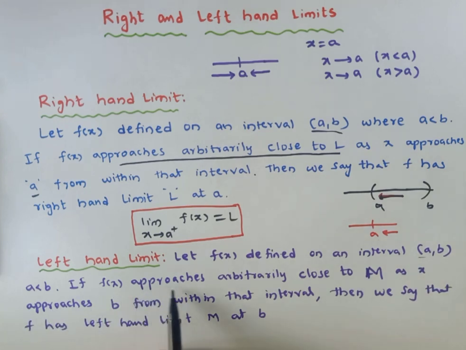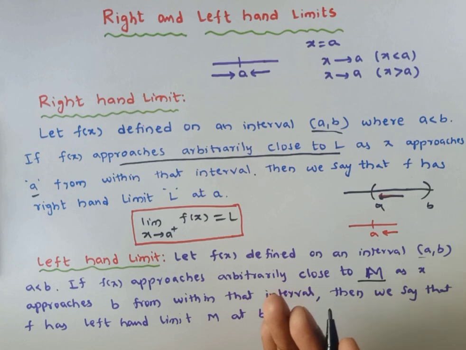If the function f of x arbitrarily approaches m as x approaches b from within the given interval (a, b), then we say that the function f of x has a left hand limit m at the particular point b. That means f of x approaches m as x approaches b from the left hand side.